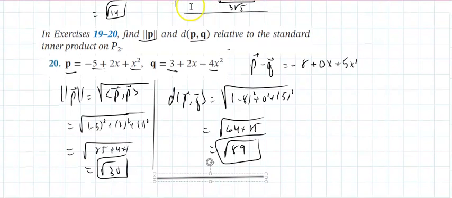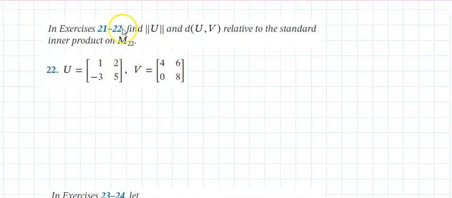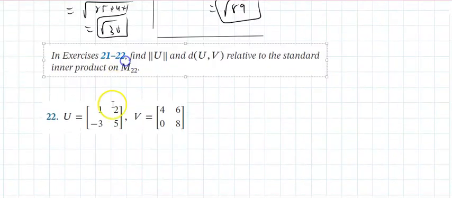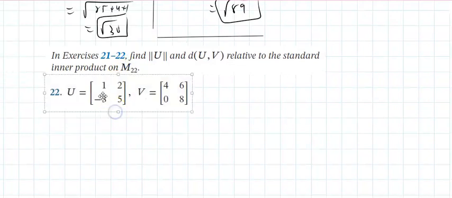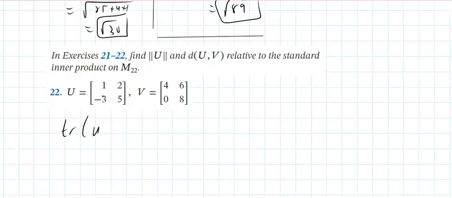All right. You know, just a couple more to go. Just making sure we're really getting used to this. If you remember what this was, a trace of u transpose v. Well, what's u transpose v?